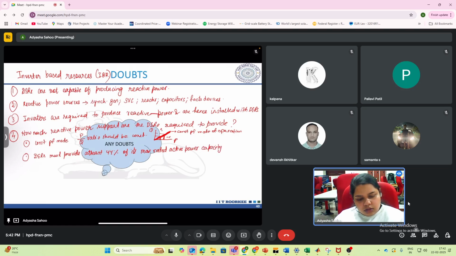So what does it mean? That when, let's say, the PDR is at its P max, then at that instant the QDR should be at least 0.44 times the P max.